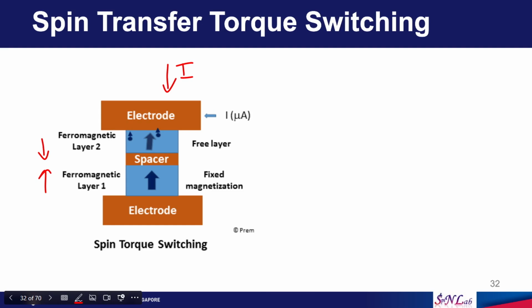So if the conventional current is in this direction, electrons are flowing from the other direction. We are sending spin up and spin down electrons through this layer. When these electrons come to this part, this will spin polarize. That means the majority of the spin up will go here. A lot of spin up electrons will go, and spin down will return back.